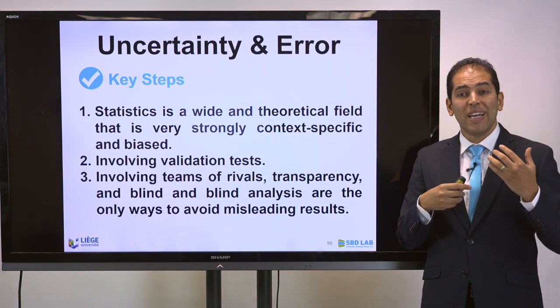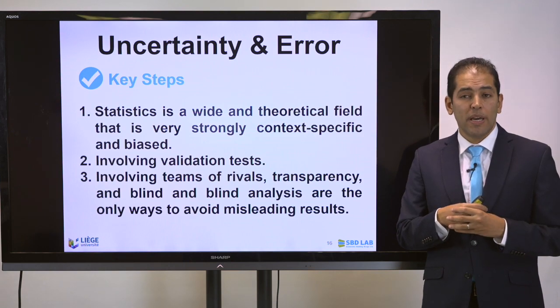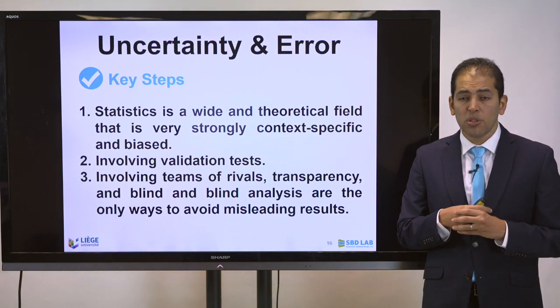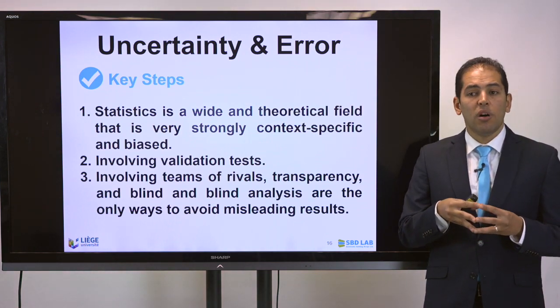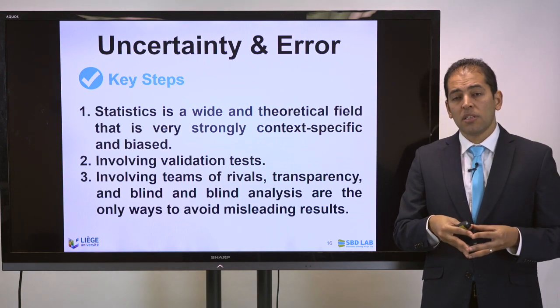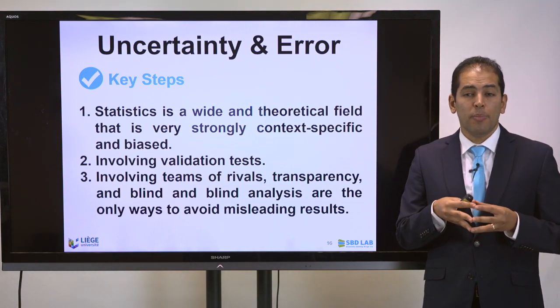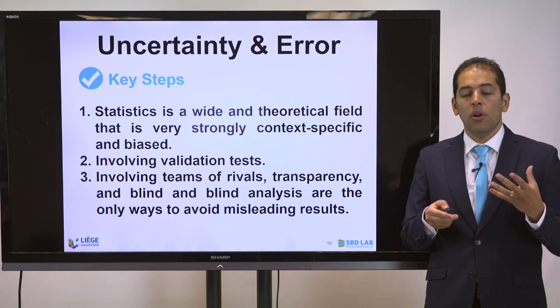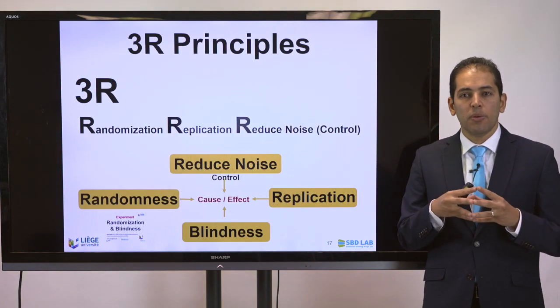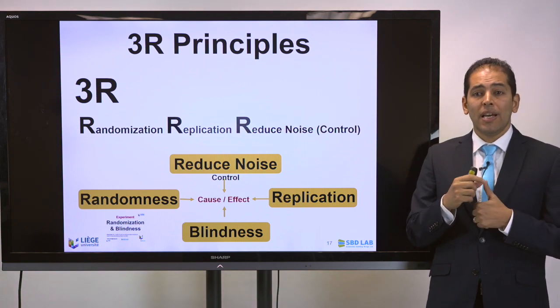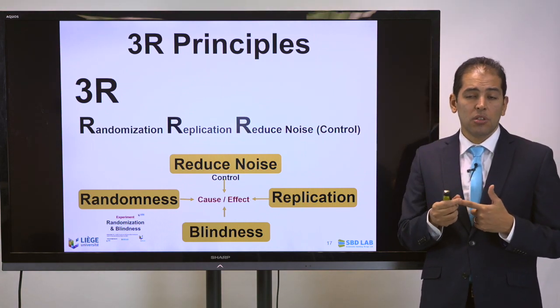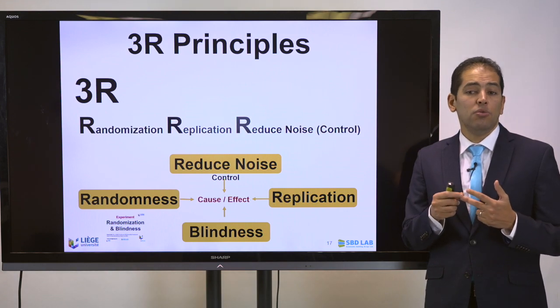We need to be as transparent as possible by doing pre-registration if possible, and look at blind analysis, which is the only way to avoid misleading results. Work under these paradigms, and for sure look at the three principles of R: make sure that as much as possible we are introducing randomization, replication or reproducibility, and reducing noise.